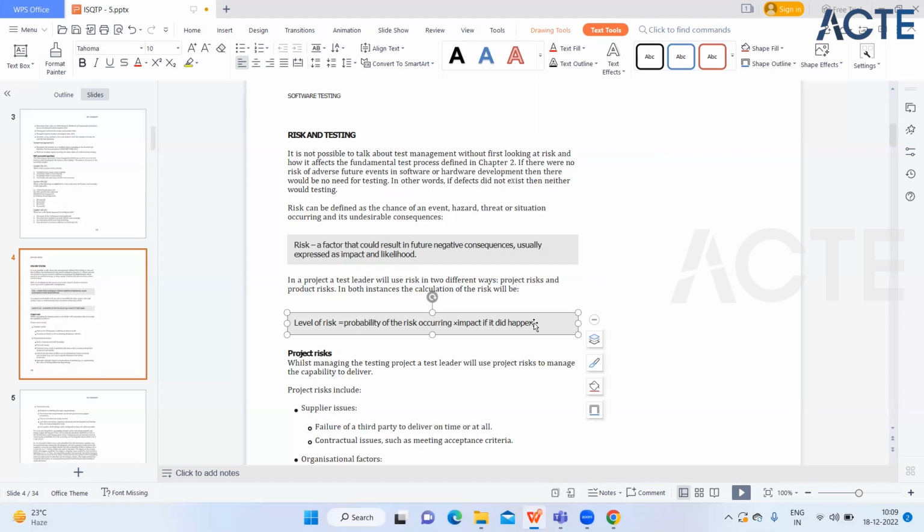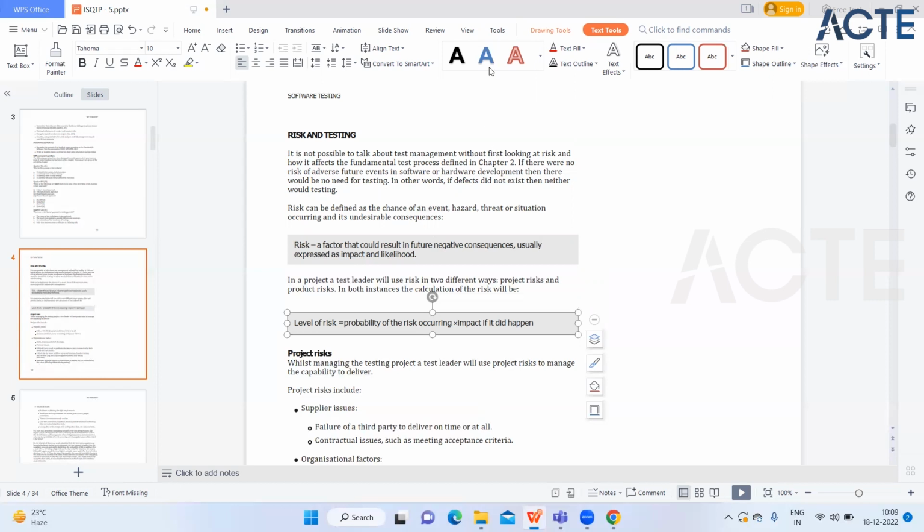In both instances, he follows this formula: level of risk equals the probability of the risk occurring, for example how much is the probability of that particular risk occurring, times the impact if it did happen.